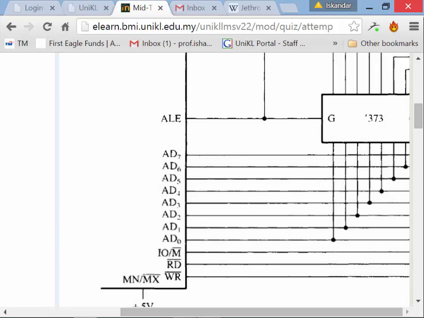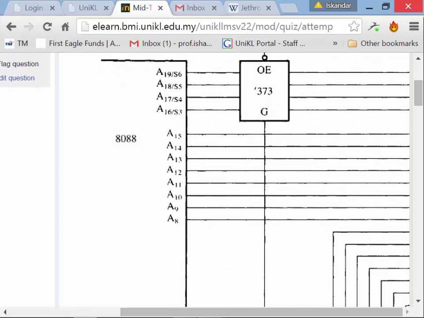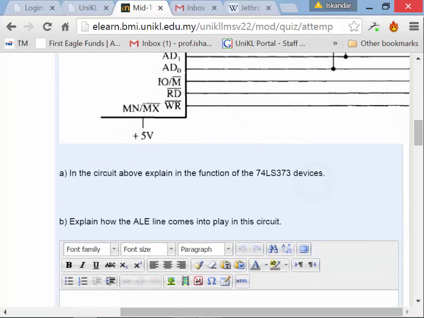What is the role of the ALE? The ALE is high when there's an active address there. So the ALE tells the 373 when to latch that address. If we were to look at the whole thing, which we can't see on this particular one, what's shown on the right is the addresses, and what's shown down here is 80 through 87.